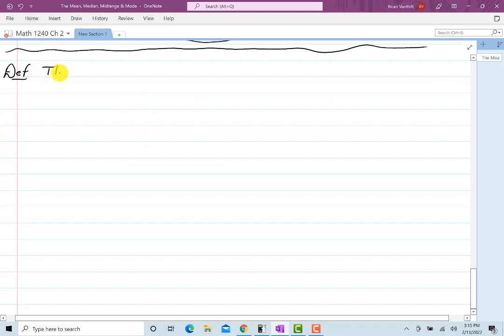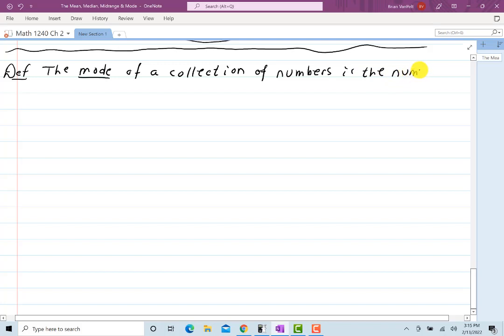The mode of a collection of numbers is the number or numbers that occur most frequently.